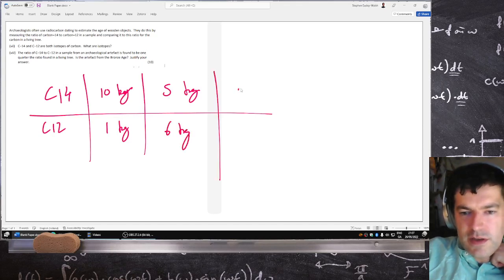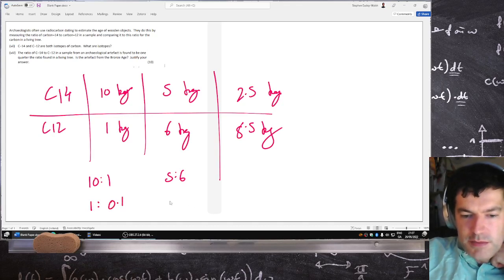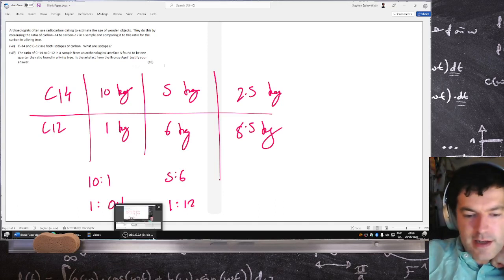Then after another half-life, 2.5 kilograms, and 8.5 kilograms. So the ratio would be 10 to 1, 5 to 6. So that'd be 1 to 0.1, and that would be 1 to, what's it, about 1.2? Oh, maybe it does matter. Okay, I'm going to need to think a second about this last part.